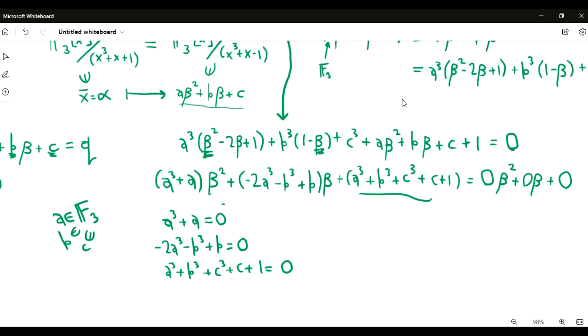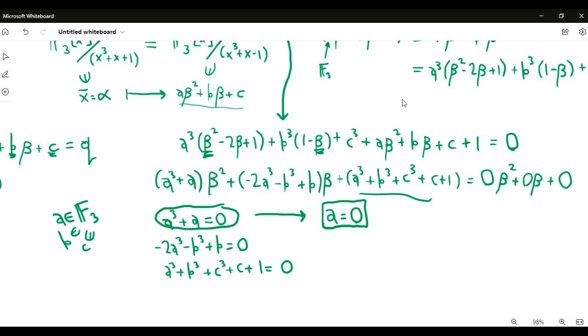If I think about this equation here, I'm saying I have an element of F3, I raise it to the third power and then add the element again, I get 0. You can check through the different elements of F3, and you'll find that the only thing that actually works is if A is equal to 0. So that solves for A.